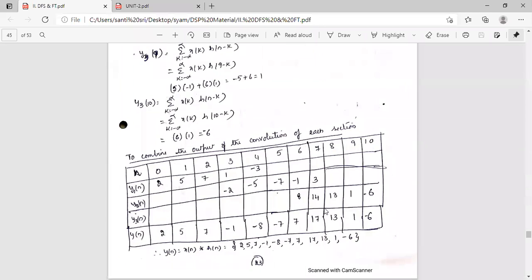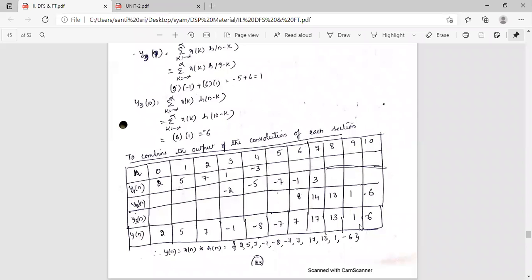Then finally we will combine all these values so that we will get this is y1 of n, y2 of n, and this is y3 of n. Okay. And this is the combination of these values. So 2, 5, 7, 1 minus 2, that is minus 1, minus 3, minus 5, that is minus 8, minus 7, minus 1 plus 8, that is 7, 3 plus 14, 17, 13, 1, and this is minus 6.